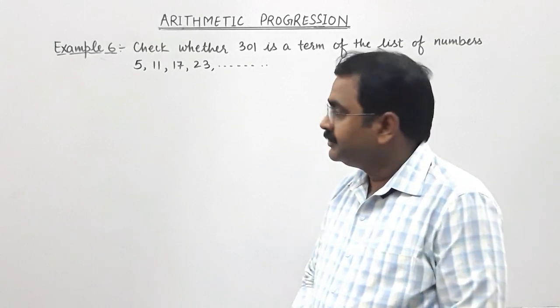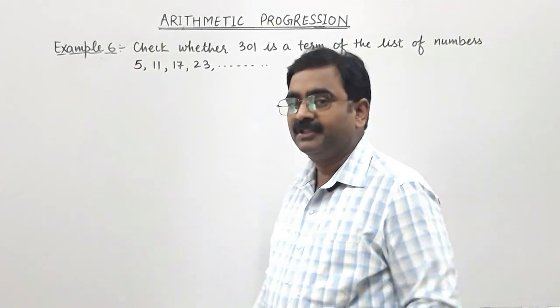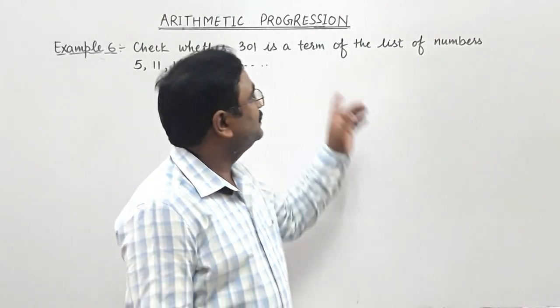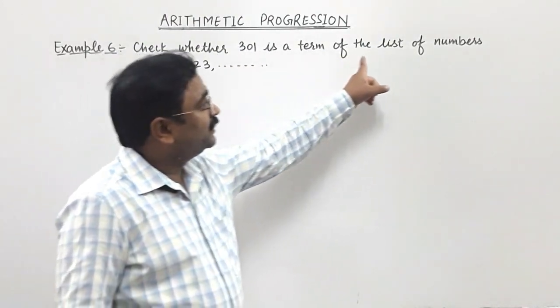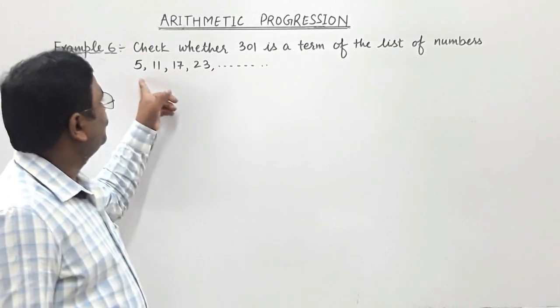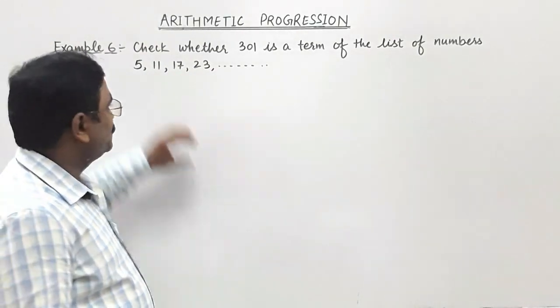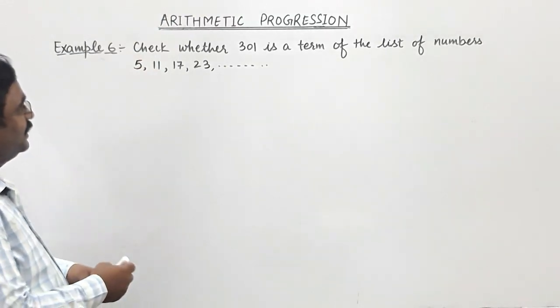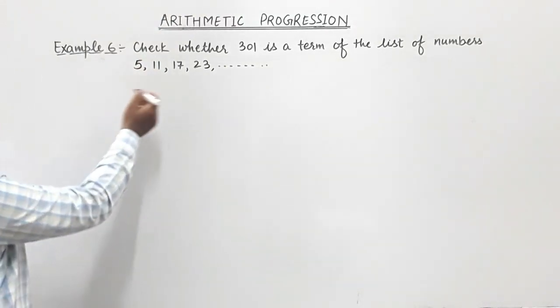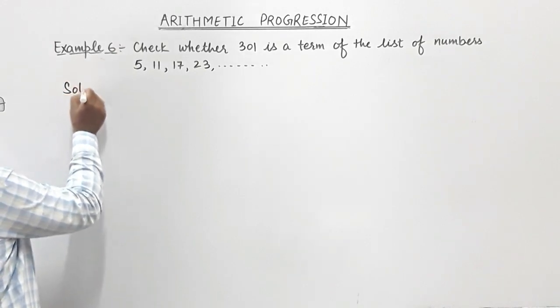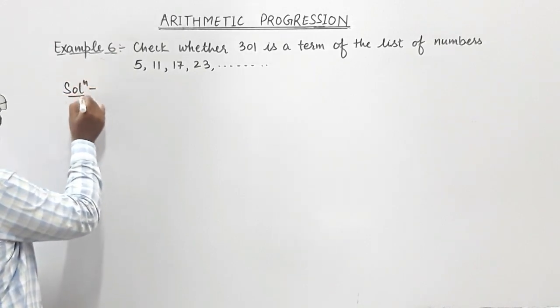Okay, friends, see example number 6. The question is asking, check whether 301 is a term of the list of numbers 5, 11, 17, 23, etc. From the given AP, we have to find out first of all the first term and the common difference.